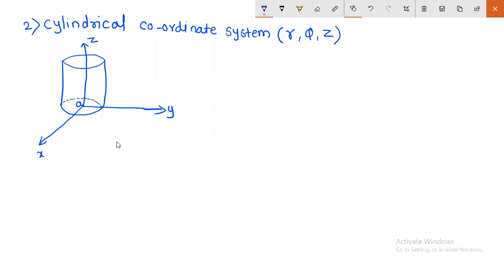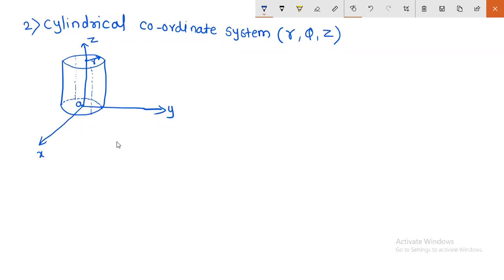Then if I consider any point on the surface of the cylinder, from the central axis, which is the center of your cylinder, towards the surface of the cylinder is nothing but the radius of your cylinder.